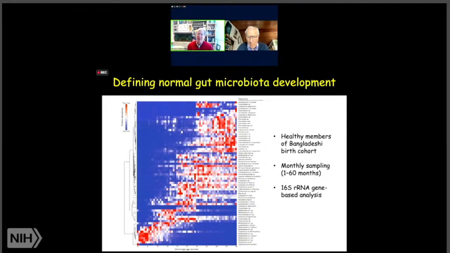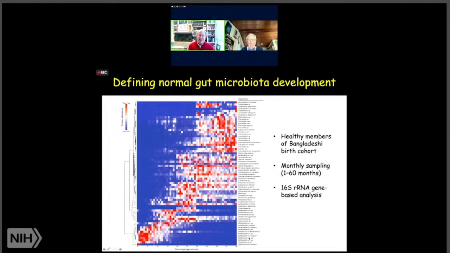Now, from healthy members of this birth cohort living in this urban slum, Mirpur, a microbial picture of normal community development emerged. And in one iteration of this picture, shown here, you can see the columns as age bins, the rows as different bacterial taxa, and the colors indicating the relative abundances of these organisms as a function of time after birth.